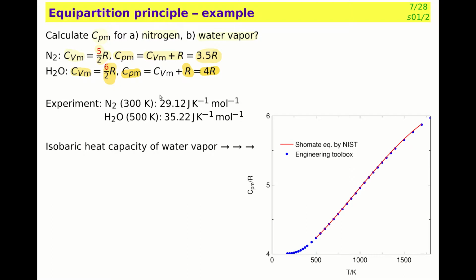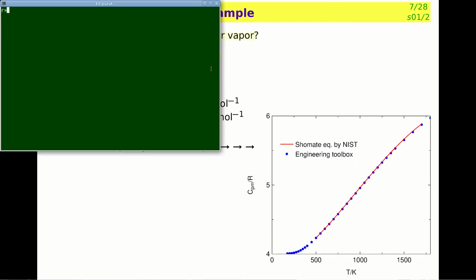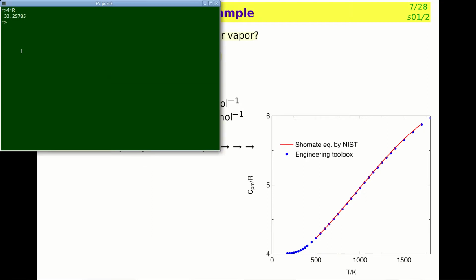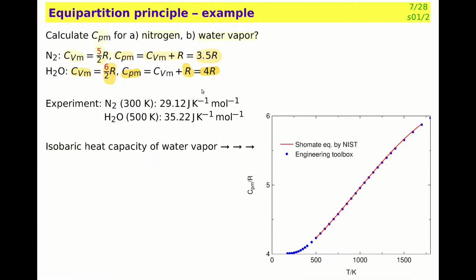If you calculate this, I don't have a number here, but we can do it immediately. 4 times R is... oh no, we have here 3.5 times R, so sorry, it is 29.10 for nitrogen. You can see that the accuracy is great.